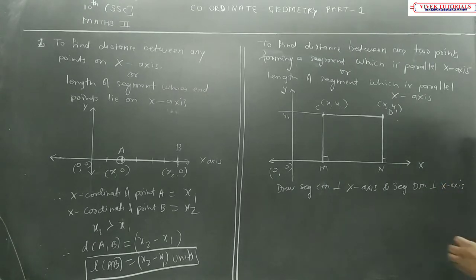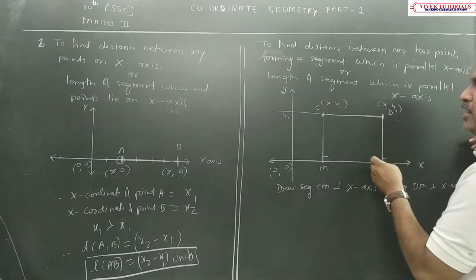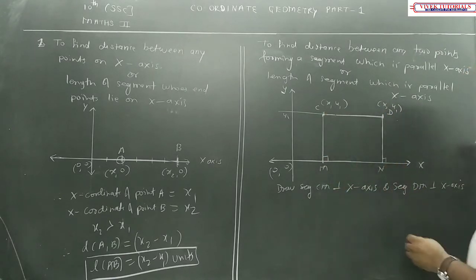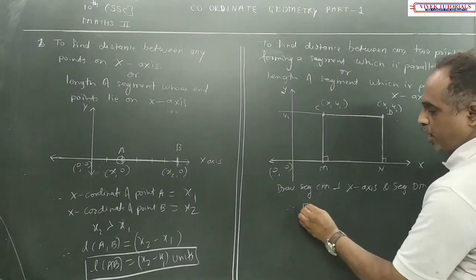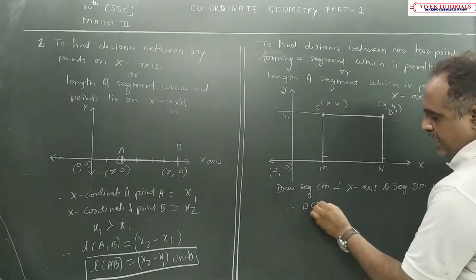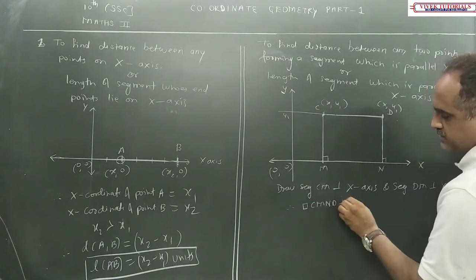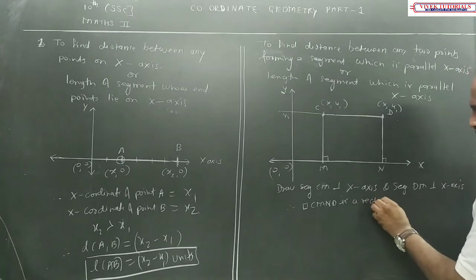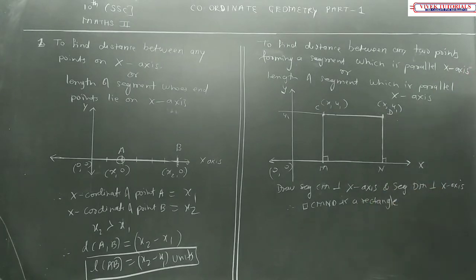So what will happen now? Just these two are perpendicular. This is parallel to this. So what I can write is quadrilateral CMND is a rectangle.